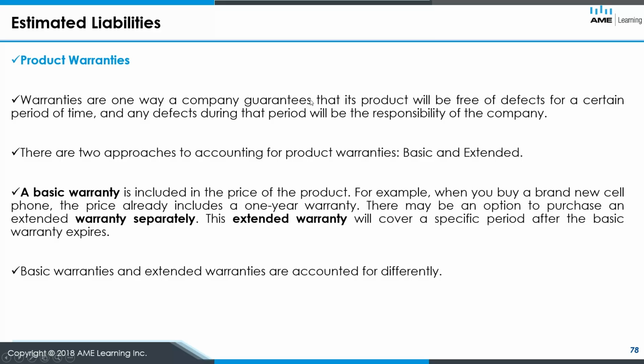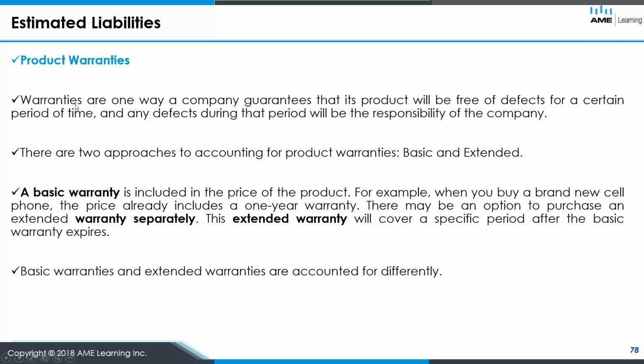Warranties, like we said, are a place where estimates are used. The definition of a warranty: if you sell a product, we're guaranteeing essentially that the product will be free of defects for a certain period of time. If any defects arise, we're going to take those products back and do the work to fix them.